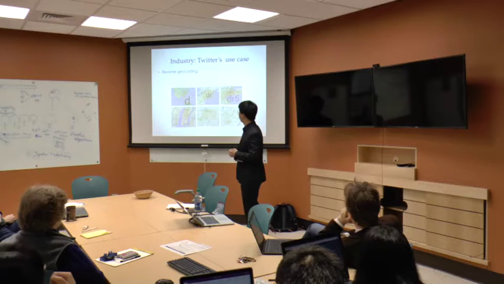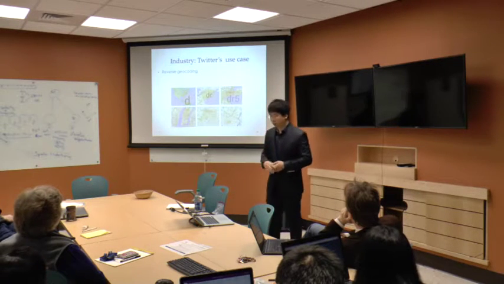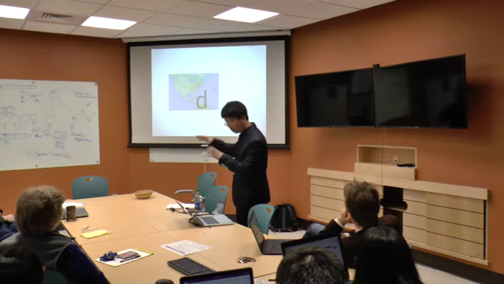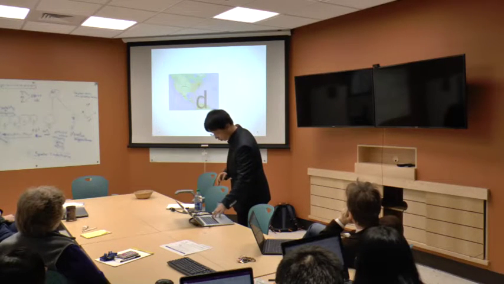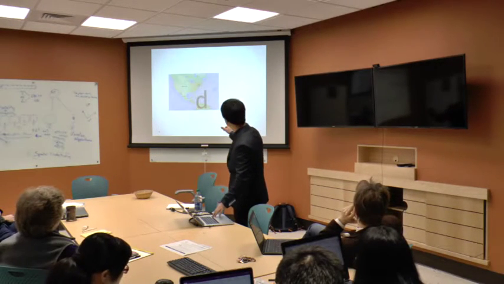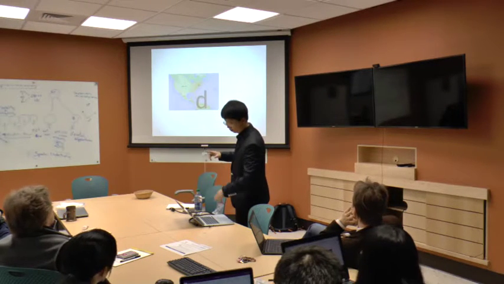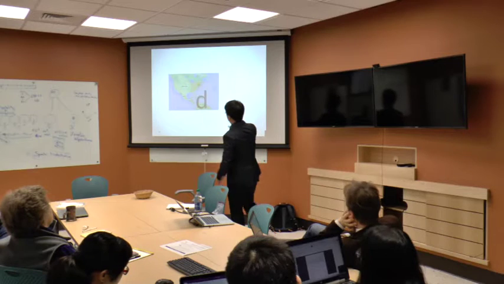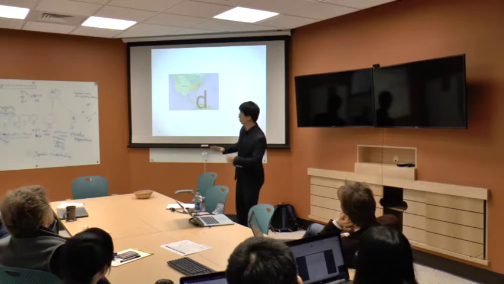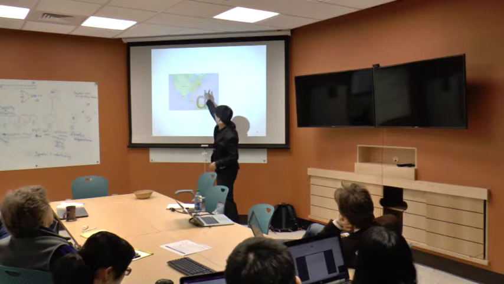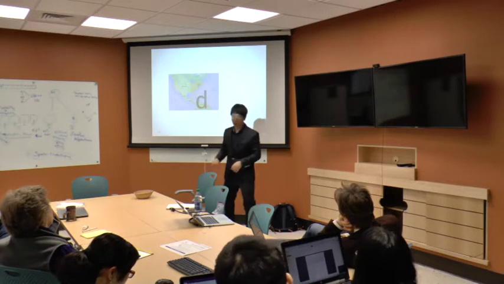I'll also cover this in more detail. Basically, we use a hierarchical spatial index called geohash. The longer the geohash is, the more fine-grained it is. So you can see it divides the whole world into 4 by 8 cells. And this is D, this is what D stands for.